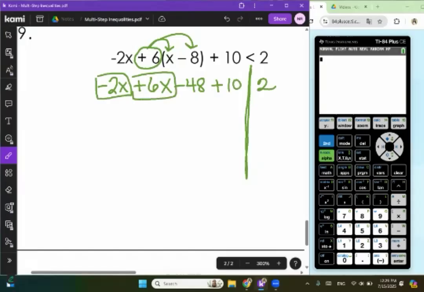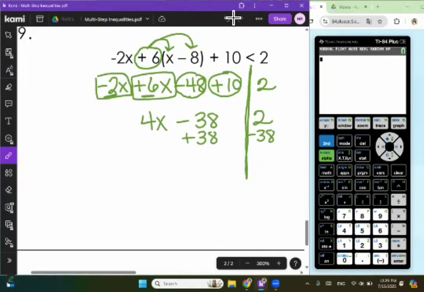So I'm going to draw my shapes. We have 2 boxes and 2 circles. Negative 2 plus 6 gives us 4x. Negative 48 plus 10, negative 38. Opposite of minus 38 is plus 38. Bring down the 4x. 38 plus 2 is 40.